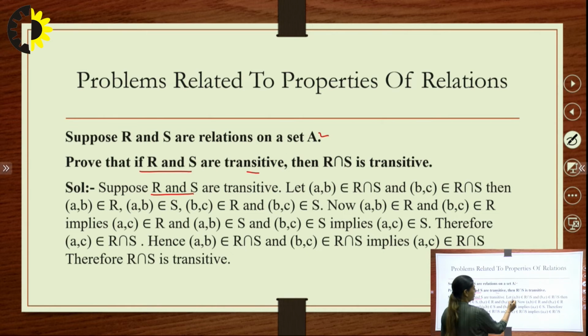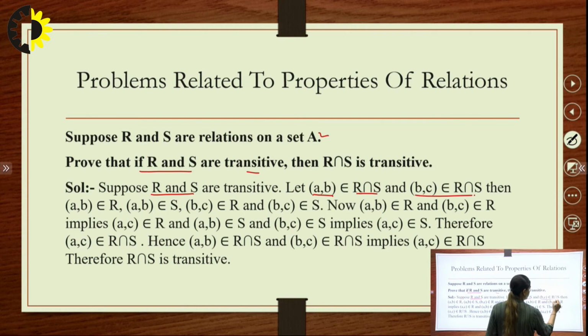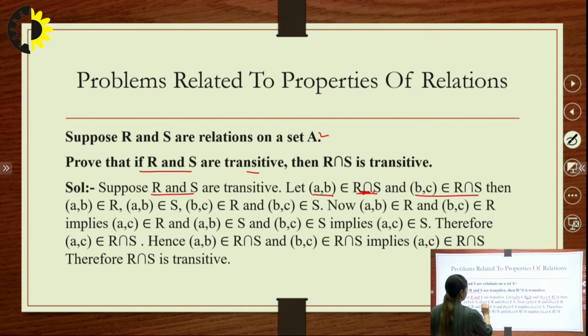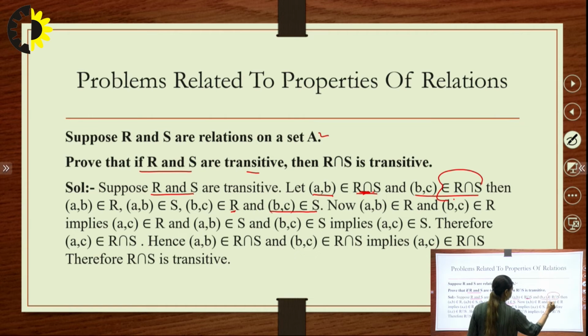Let (a, b) belong to R intersection S, and (b, c) also belong to R intersection S. Then (a, b) belongs to R and (a, b) belongs to S from this. (b, c) belongs to R and (b, c) belongs to S from this one. Now we will pick what we want to prove.